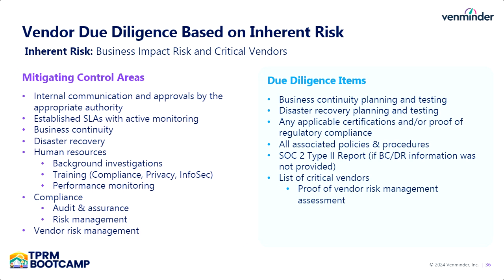Some of the due diligence items we would collect would include their business continuity and disaster recovery, both the planning and the testing, any certifications or proof of regulatory compliance, all their associated policies and procedures, their SOC 2 Type 2 report, and their list of critical vendors, and we would want to see proof of vendor risk management assessments, risk monitoring, etc.